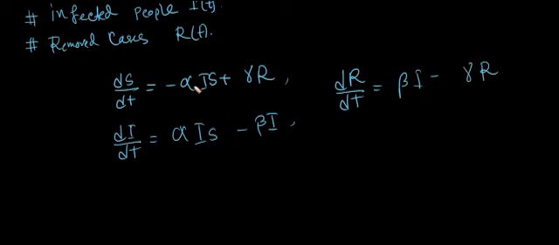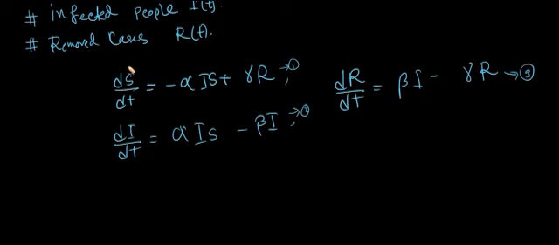Now this is an example of a coupled first order differential equation. Why are they coupled? Because you can see that this ds by dt, let's call it equation number 1, let's call the next equation number 2, and the last equation number 3. All of these contain some variable which is a function of time t, the independent variable, and there is another equation for that as well.